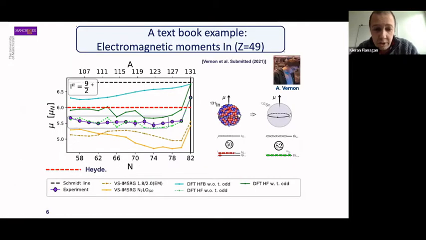So in our recent work, we measured out to the N=82 shell closure. So these are the moments. This is the flat region, and then at the shell closure, we see a sudden and dramatic jump up, which is what you would expect at the shell closure, which is a good thing. However, it's much more dramatic than you would expect from the quenched value with a 0.7 times the free particle g-factor.